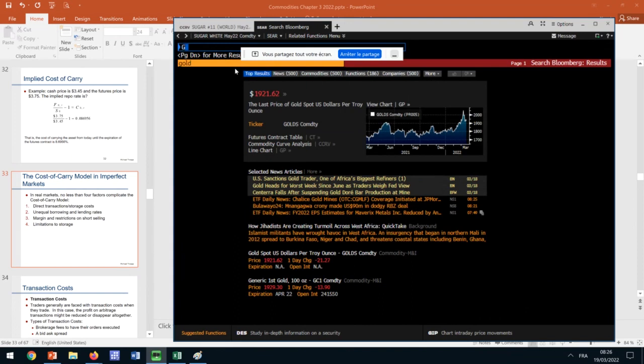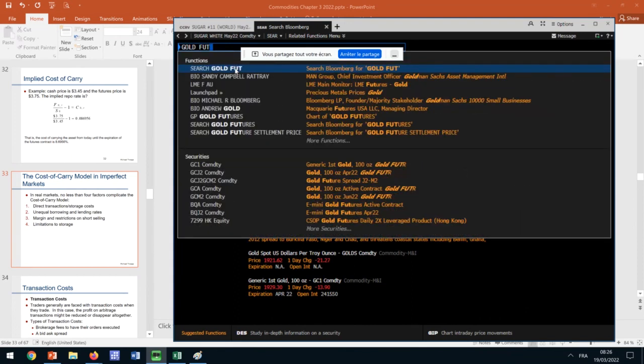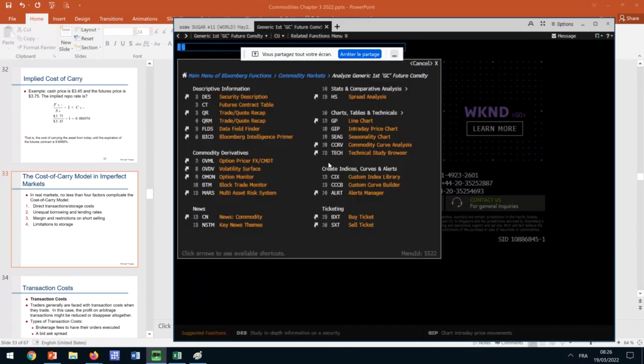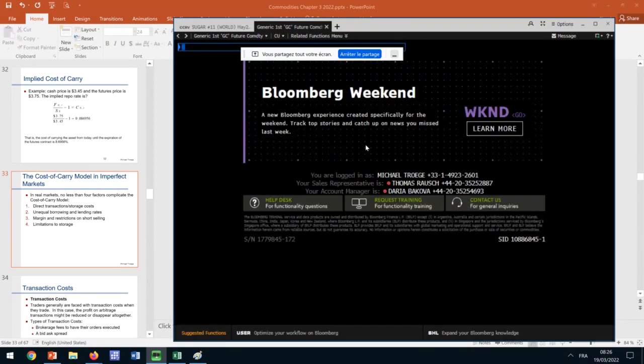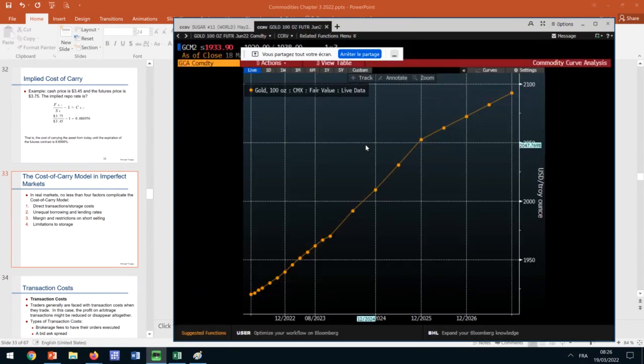Gold futures. You can see this is at contango. Gold is really almost always at contango, but a very flat contango because this curve has been cut here.